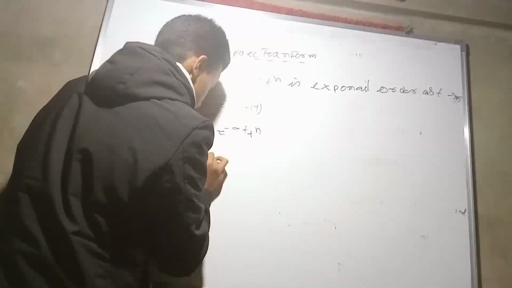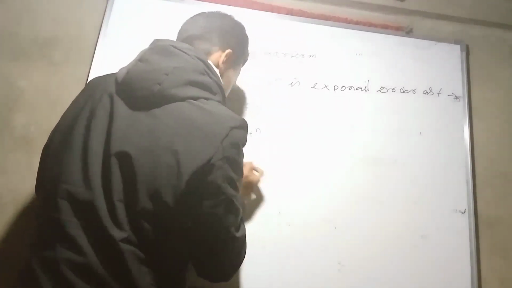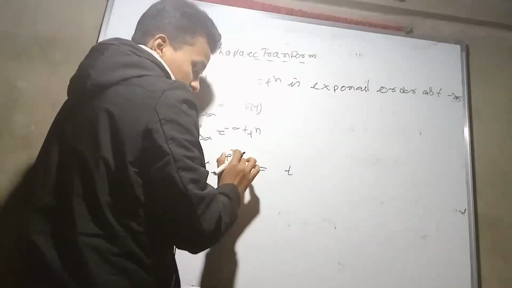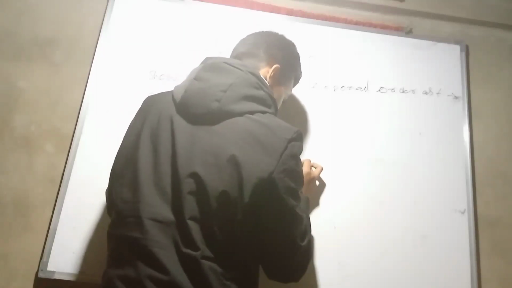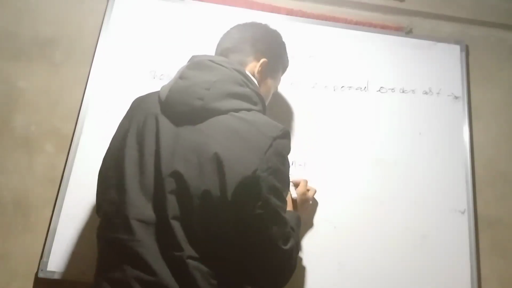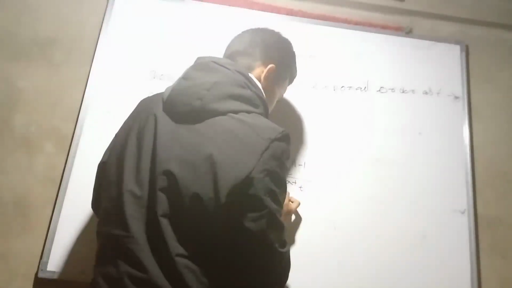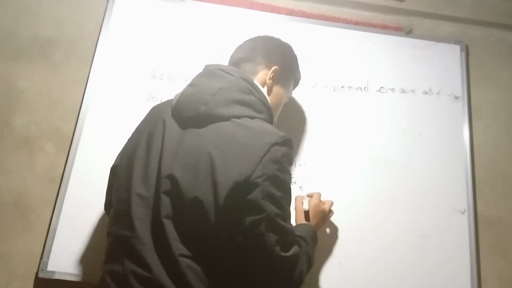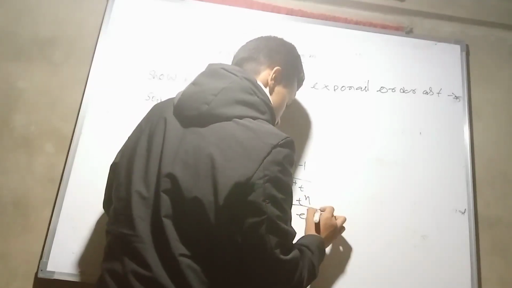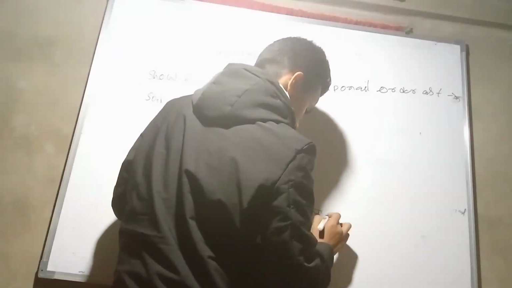So we can write it as the limit as t tends to infinity of t to the power n upon e to the power sigma t. What we get when t is infinity is infinity by infinity form. So we use L'Hospital's theorem: n t^(n-1) upon e to the power sigma t times sigma. N will be outside of the bracket, so as t tends to infinity, t^n upon e to the power sigma t squared.